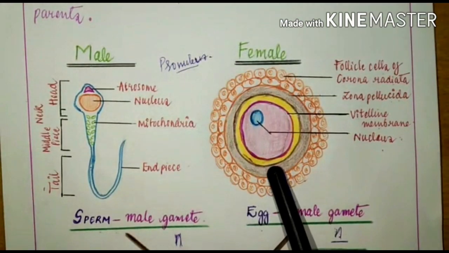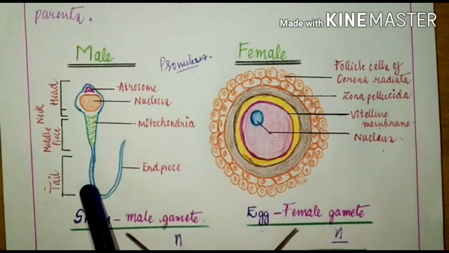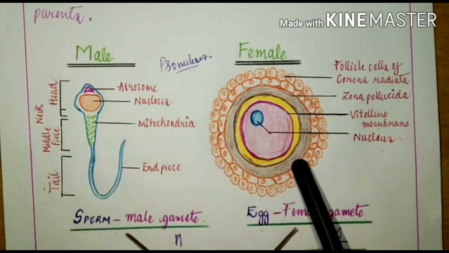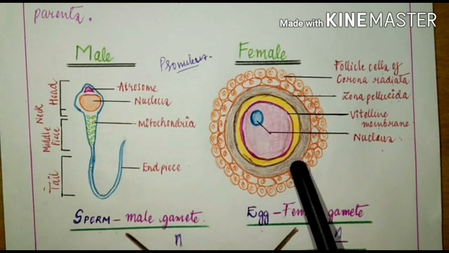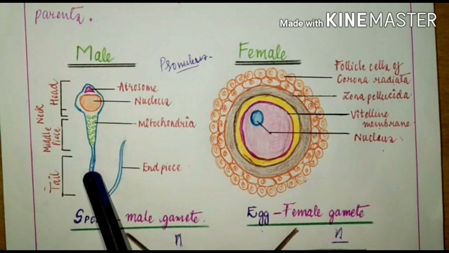The female gametes will always be larger than the male gametes, and female gametes are sessile, they can't move on their own, whereas the male gametes can move on their own, so they are called motile.